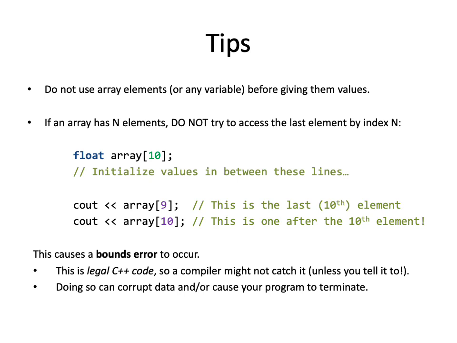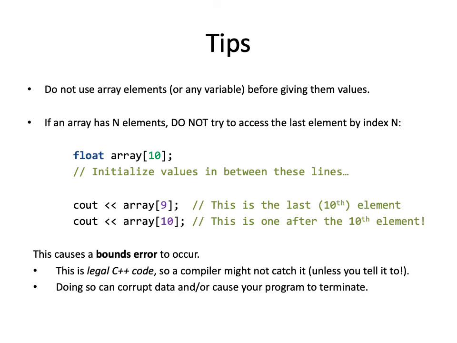Then we try to output element with index 10. That's actually going to be the one after the 10th element. That'll be the 11th element. That's bigger than the size of the array. And what that's going to do is cause a bounds error to occur because you've left the bounds of the array. Your index is bigger than the largest index that you could have.